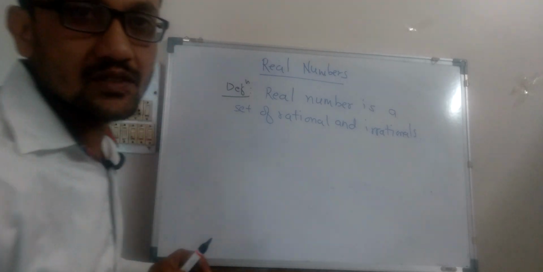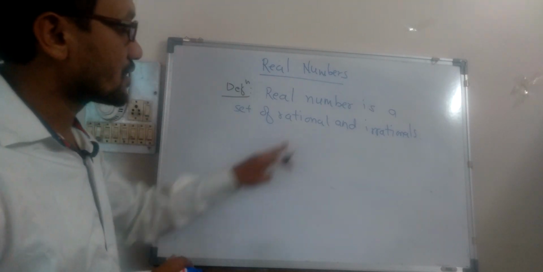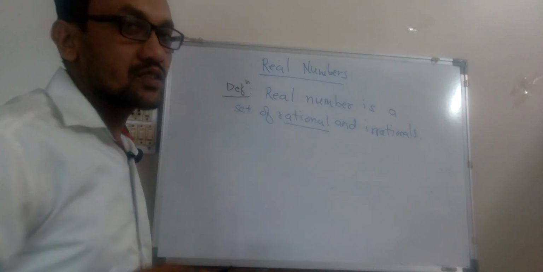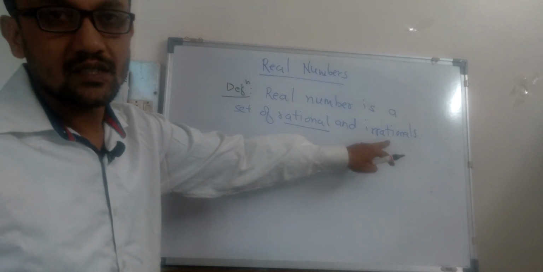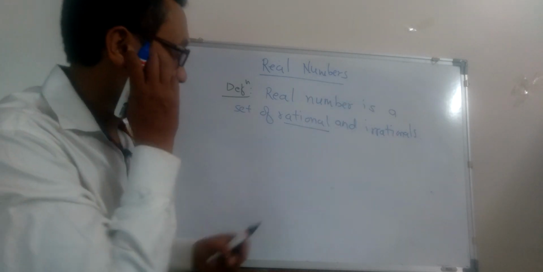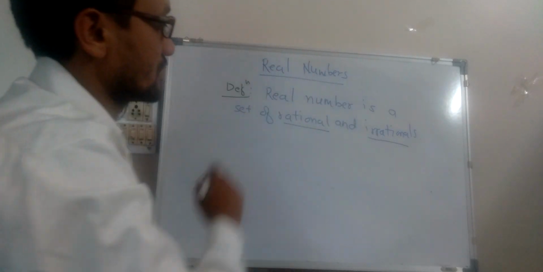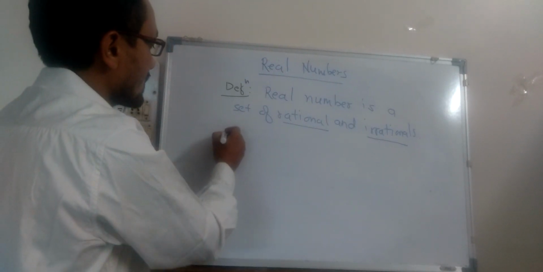What do you mean by rational numbers? Rational numbers are nothing but numbers in ratio form, and irrational means numbers that are not in a ratio form. So first, we define what is a rational number.